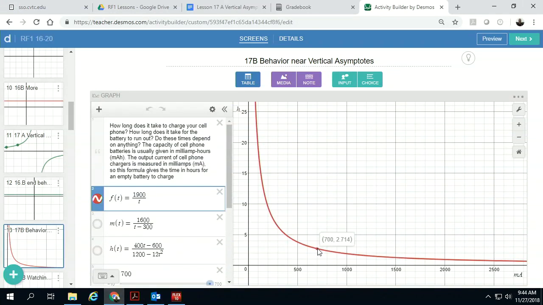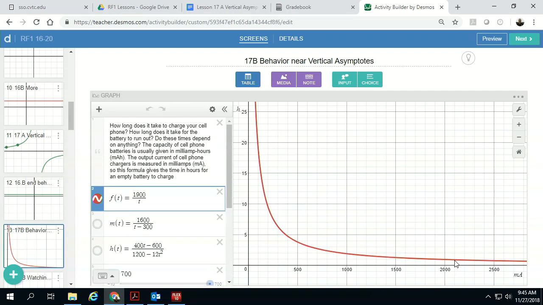Range goes from 2.714 down to 0.905. I have those in backwards order, don't I? 0.905 to 2.714.